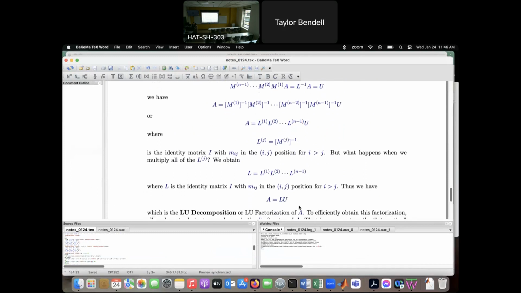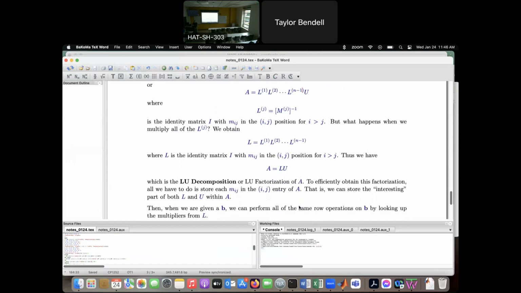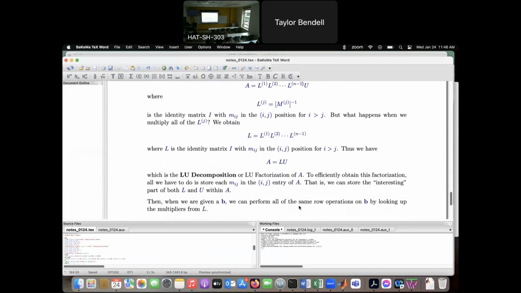So A can be factored into a product of a unit lower triangular matrix, L, times the upper triangular matrix U. That's what enables us to perform Gauss elimination just once, and then repeatedly use the resulting row operations on whatever right-hand side B we get, however many there are. So L really serves as a transcript, in a way, of what happened to produce U.